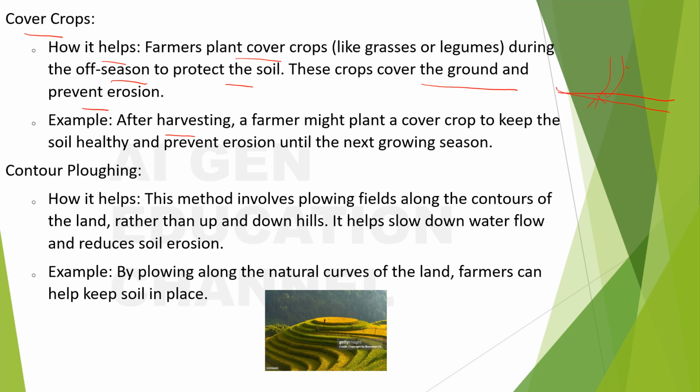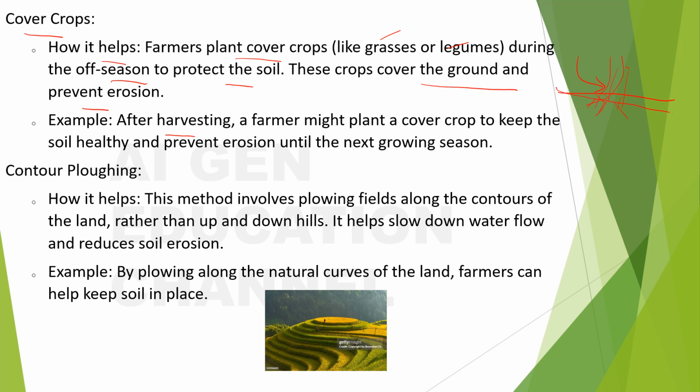Under these circumstances, what happens? This soil may get eroded. It may be blown away by water or by wind, right? So in order to avoid this, the farmers plant some crops. These are called cover crops, like grasses or legumes, so that this will hold the soil.